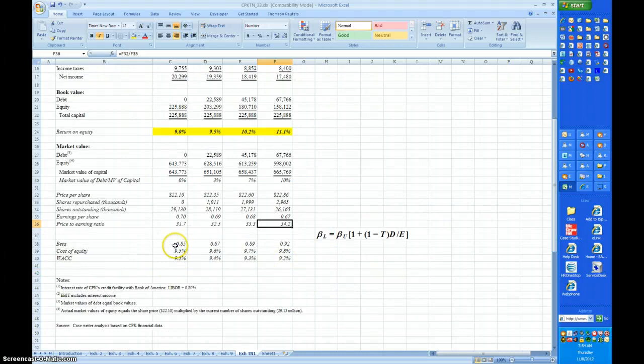Finally, relative to cost of capital, we saw what happens to beta. When more money is borrowed, because of this levered beta formula, the beta goes from 0.85 to 0.87.